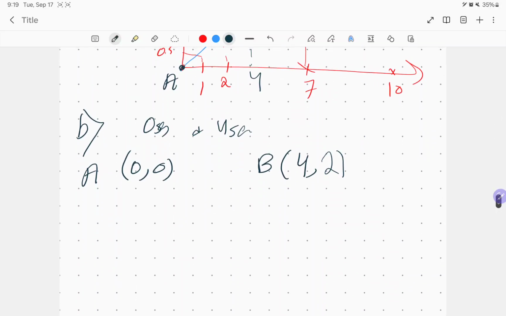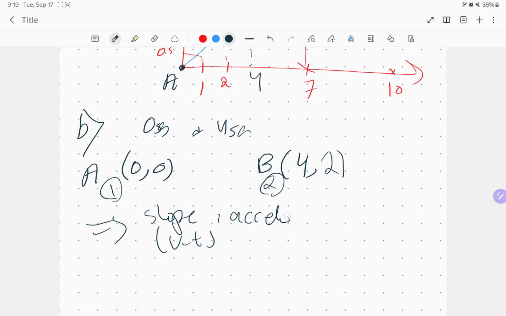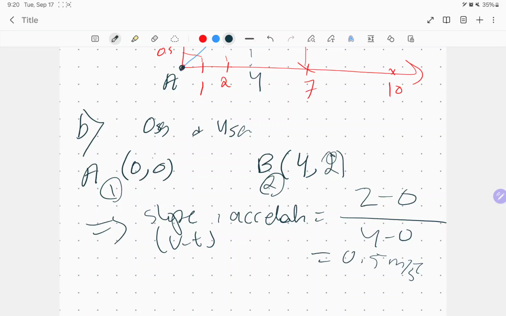Okay, let's get the slope. I'm calling this 1, I'm calling this 2. The slope over here is going to represent acceleration. Always, the slope in the VT graph represents what? Acceleration. So what do we have over here? y2 minus y1 over x2 minus x1, which is 2 minus 0 over 4 minus 0. So acceleration is going to be 0.5 meters per second squared.